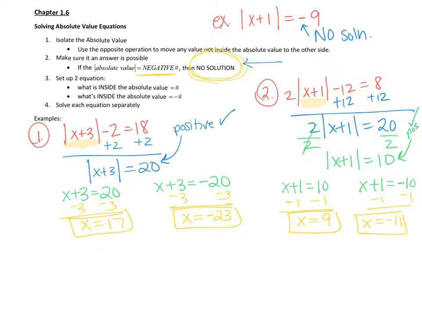I would say no solution. Okay, so I would stop. I wouldn't separate and say x plus 1 equals positive 9, x plus 1 equals negative 9. No, I stop. Absolute value represents a distance. It doesn't make sense to say I ran a negative 9 miles, right? So when I am set equal to the absolute value bars, it has to be positive, okay? That's how I'm going to solve an absolute value equation.